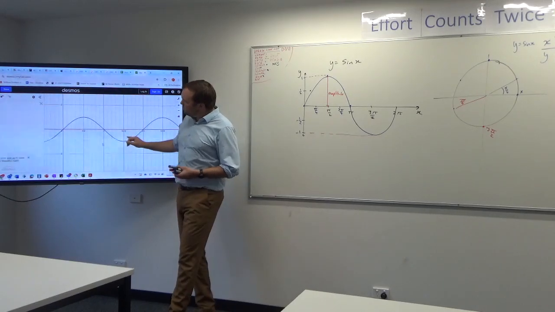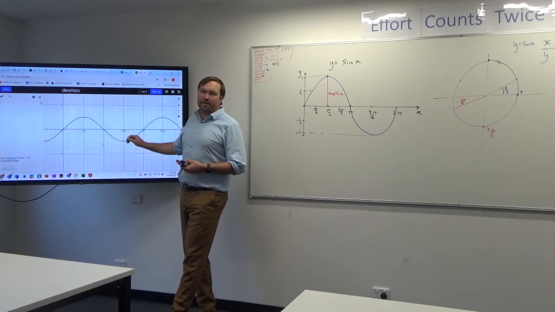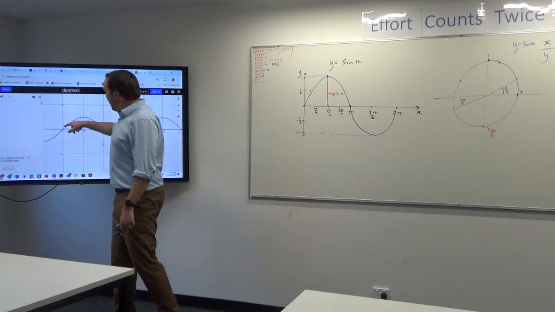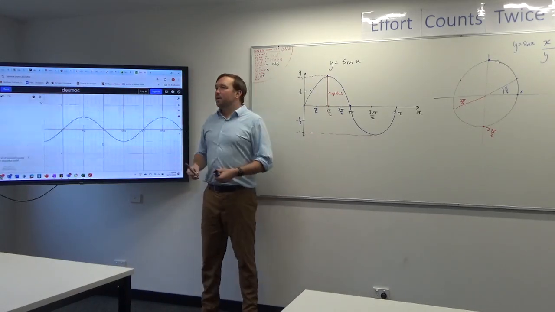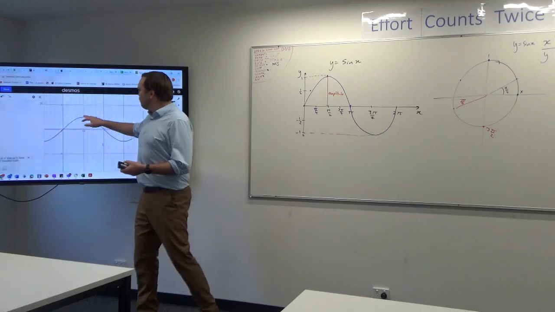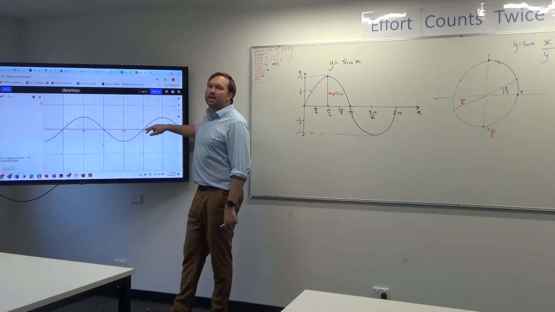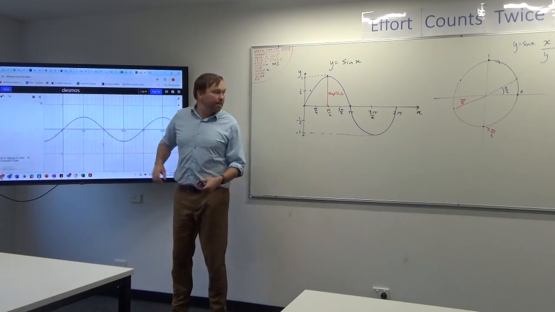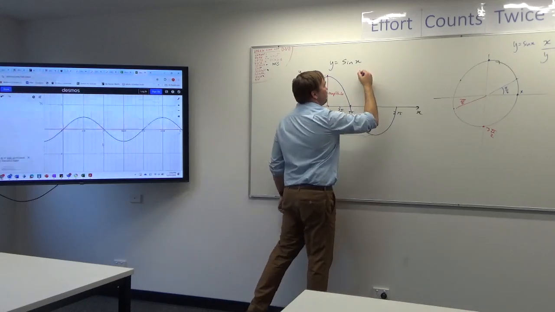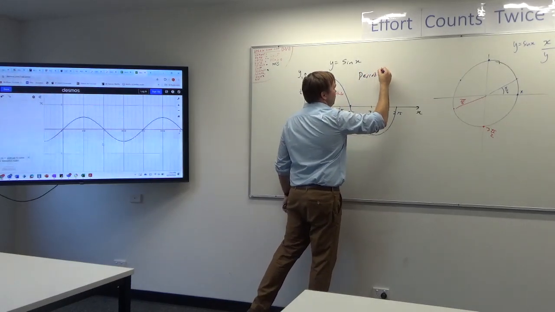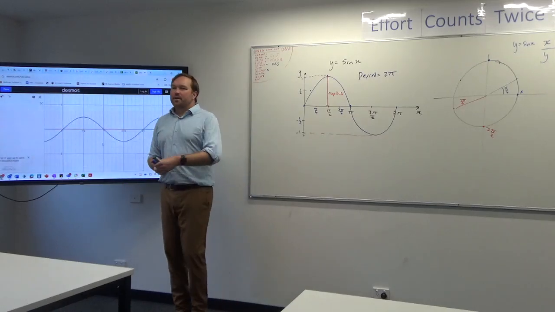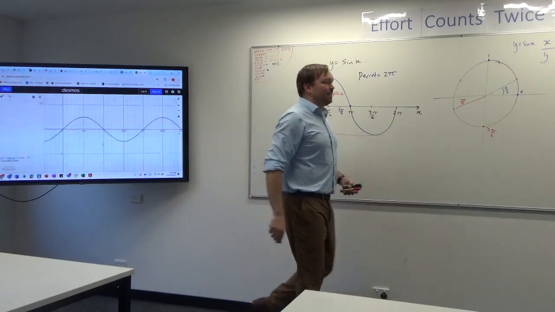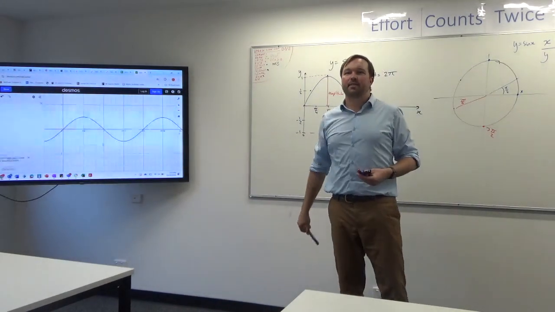Another one here, or phrase we use, is period. Period refers to how often this repeats, how periodic it is. A period is the time for one full revolution. In our case here, the period is equal to 2 pi. Yes? Is that the same as frequency?